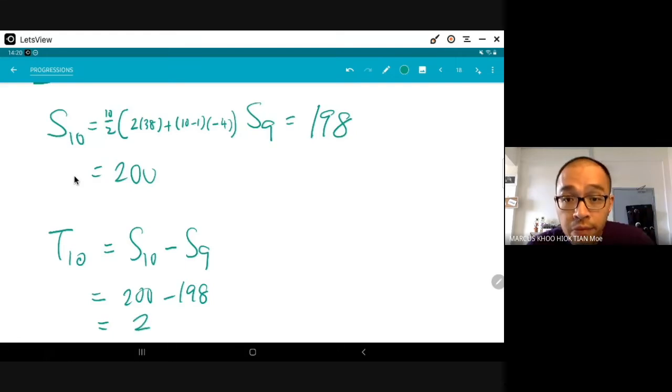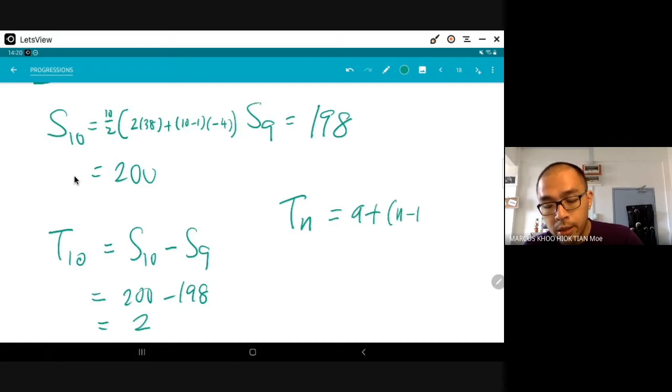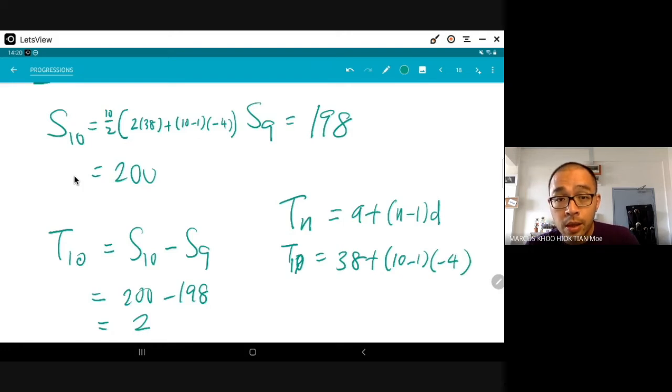And we can verify this by using the original Tn formula, a plus n minus 1 d. So T10 is 38 plus 10 minus 1, d is negative 4. When you type this into your calculator, you will get the exact same answer.